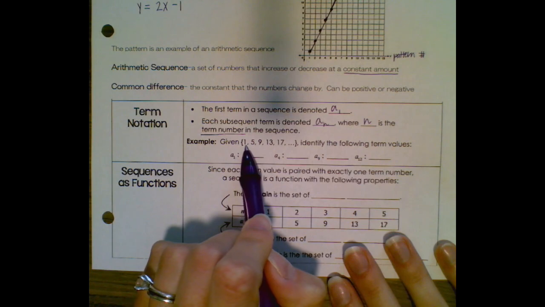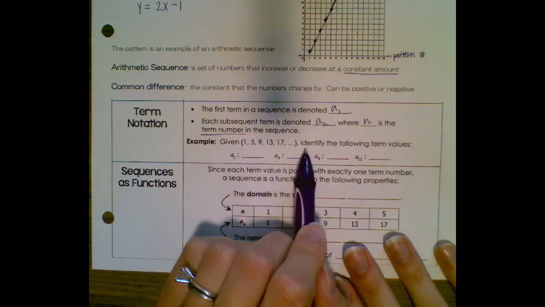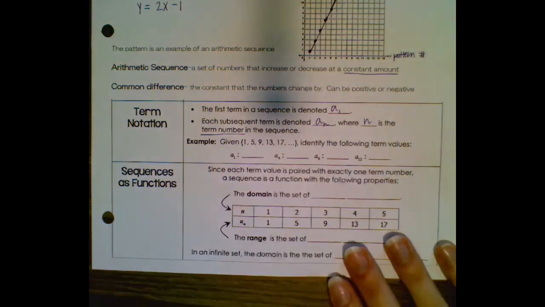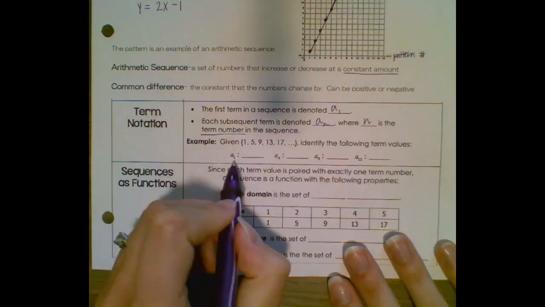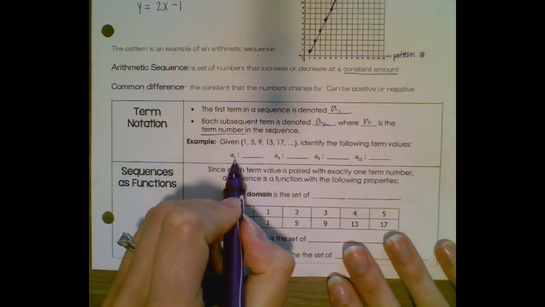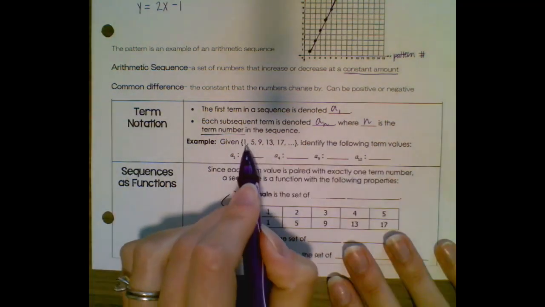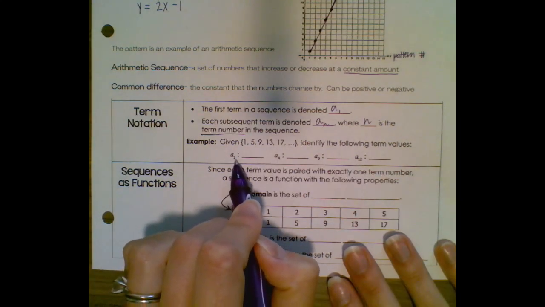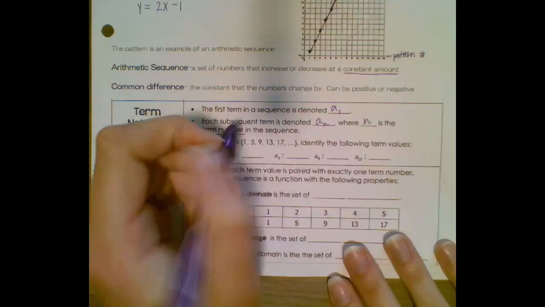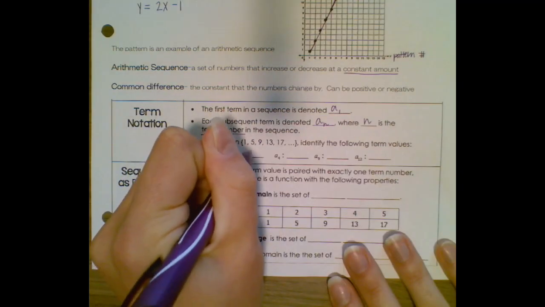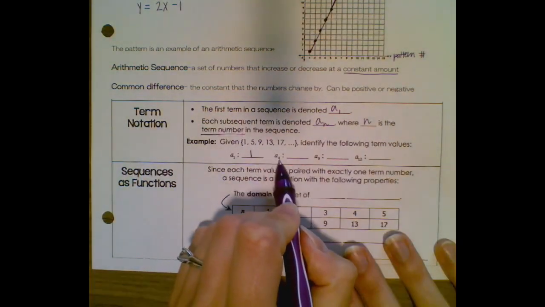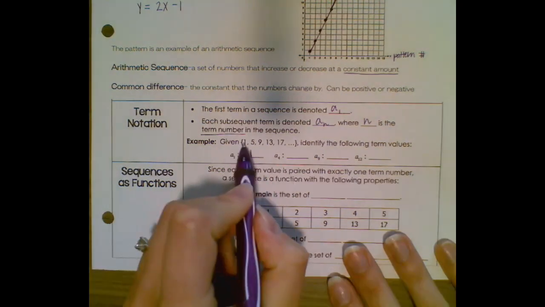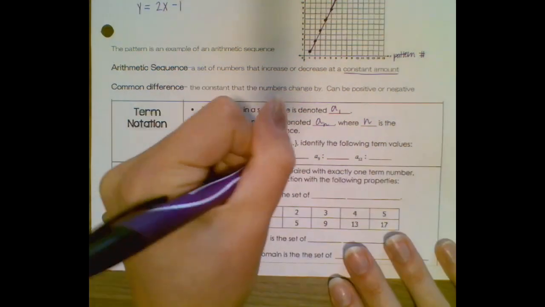It says, given the sequence 1, 5, 9, 13, 17, etc., identify the following term values. So this is saying, what is the term value? Okay, so one of these numbers at a sub 1, meaning in the first term number. So the first term number is 1. The fourth term number, 1, 2, 3, 4, is 13.